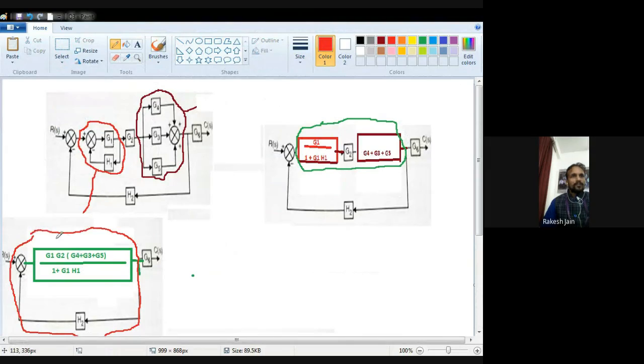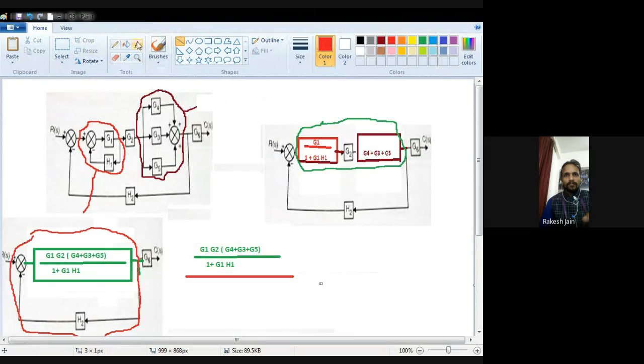In which the forward gain is G1 G2 multiplied by G4 plus G3 plus G5 upon 1 plus G1 H1, and the feedback gain is H2 and comes with a negative sign. So we know the rule: forward gain divided by 1 plus or minus.